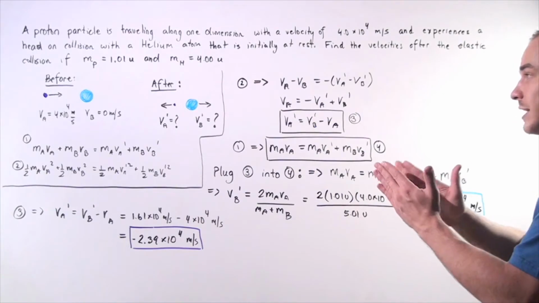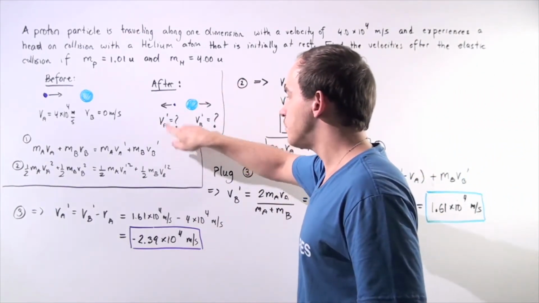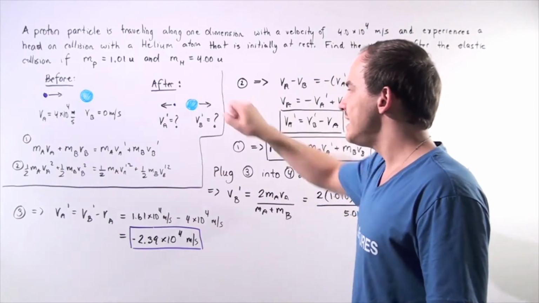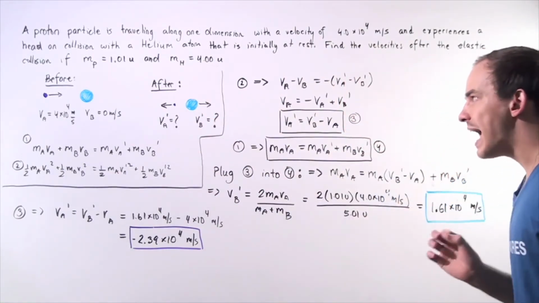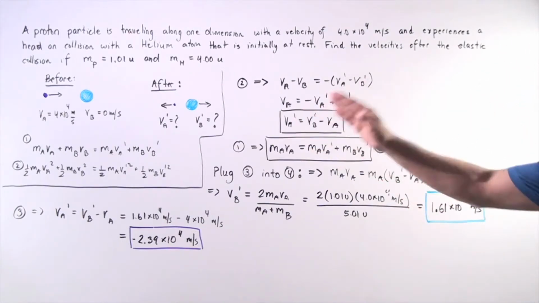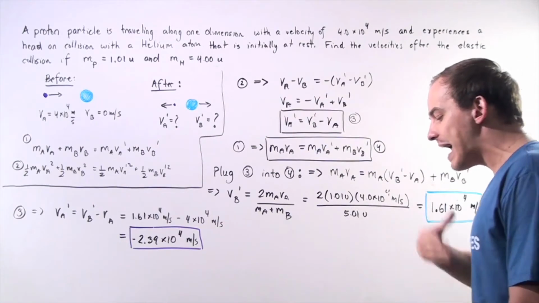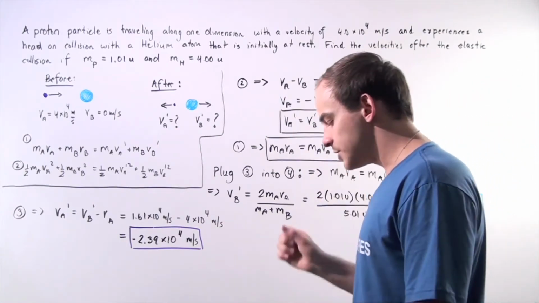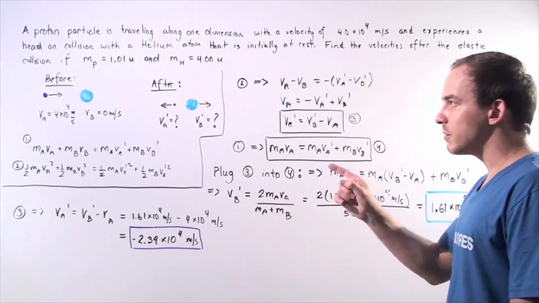Now, after our collision takes place, the velocity of the proton, VA prime, and the velocity of our helium atom, VB prime, are unknown. And we want to calculate the magnitude and direction of these velocities after our elastic collision takes place. Now we know the mass of the helium and the proton.